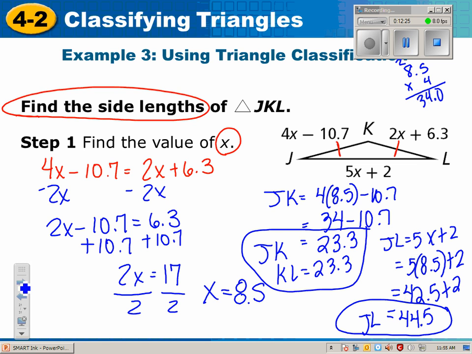Questions? Is this making sense? Okay. Go ahead and look at the next one and figure out what the side lengths of that equilateral triangle are.